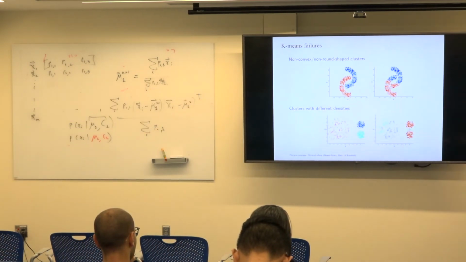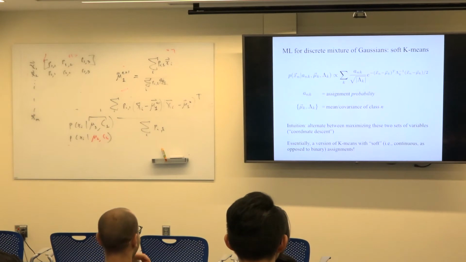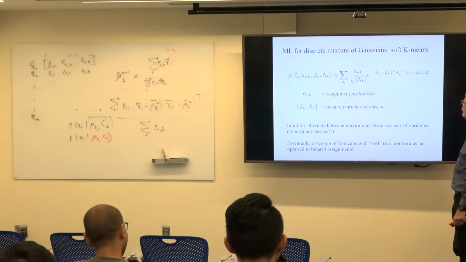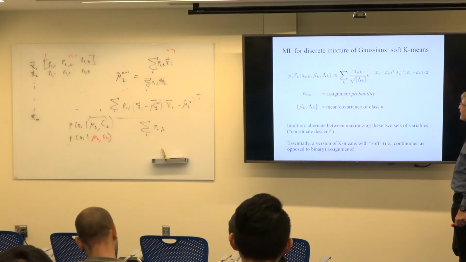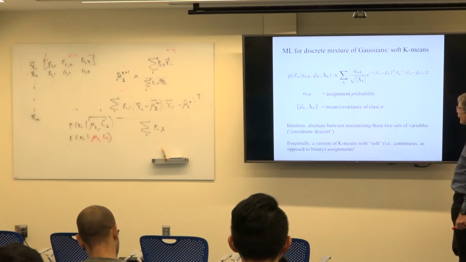So can you clarify soft k-means? Oh my God, there's actually a slide. Now, does that help? I don't know. I guess it does. Why does a covariance get a lambda instead of a c for covariance?